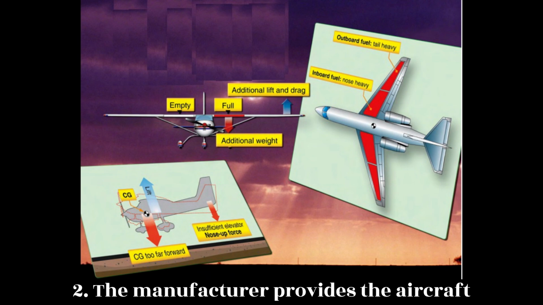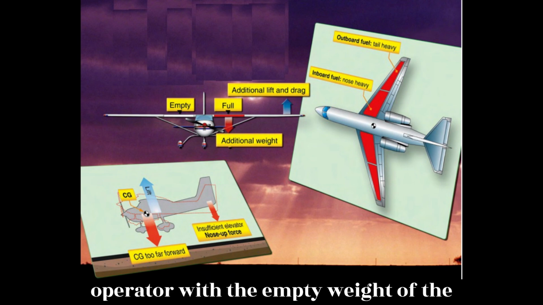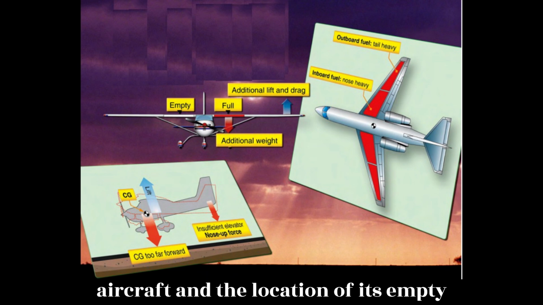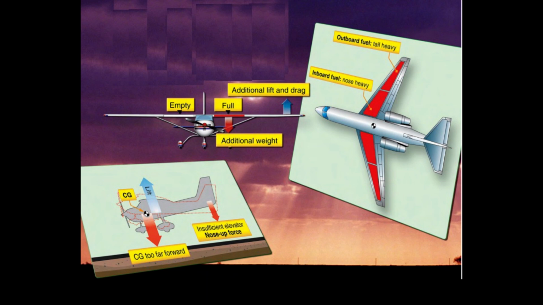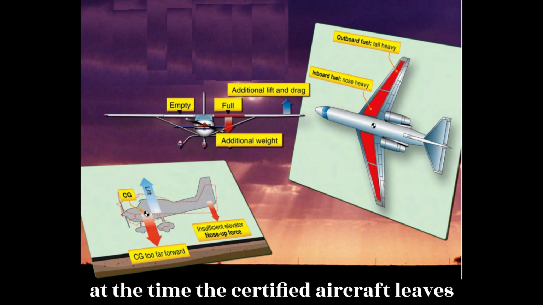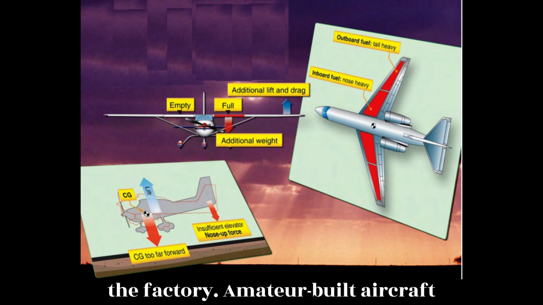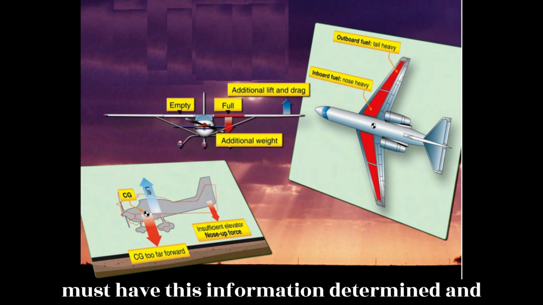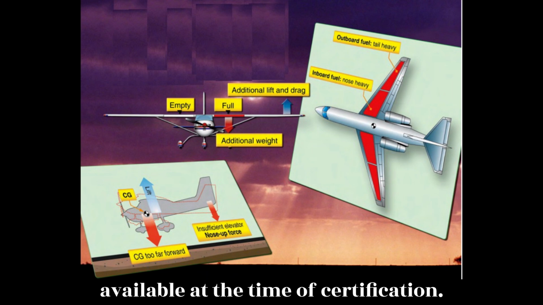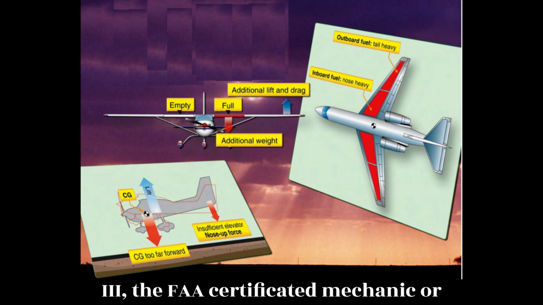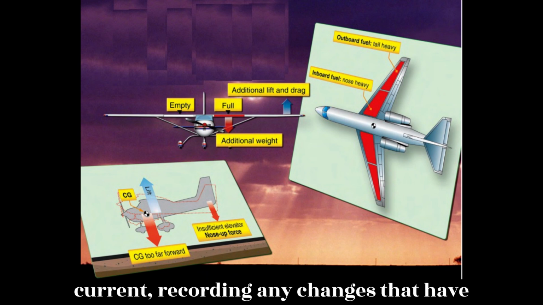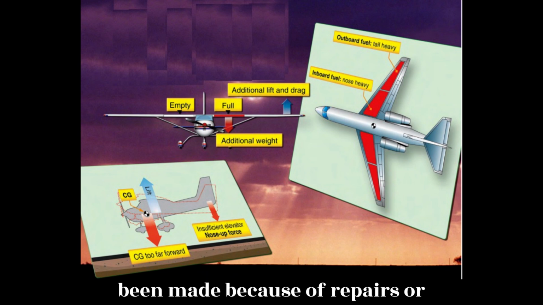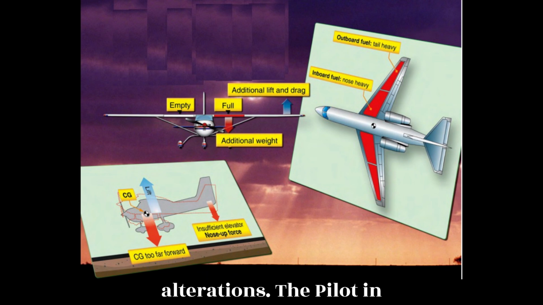2. The manufacturer provides the aircraft operator with the empty weight of the aircraft and the location of its empty weight center of gravity, EWCG, at the time the certified aircraft leaves the factory. Amateur-built aircraft must have this information determined and available at the time of certification. 3. The FAA-certificated mechanic or repairman who maintains the aircraft keeps the weight and balance records current, recording any changes that have been made because of repairs or alterations. 4.